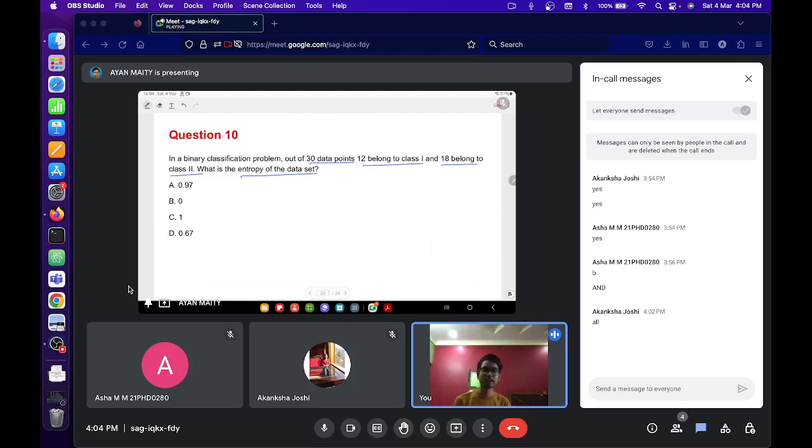So there are 2 classes, class 1 and class 2. How do you compute the entropy of the data set? We have already done a very similar question earlier in this session, how you compute the entropy of a dataset for different classes.